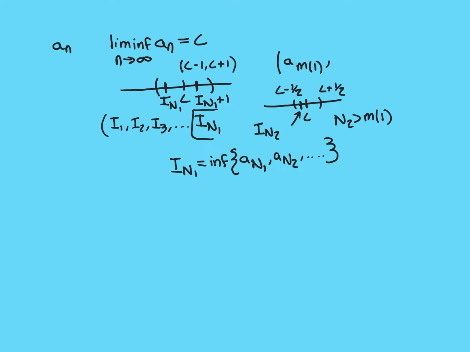I'm not just going to make sure it's inside this interval, but I'm also going to make sure that it is strictly greater than M1, the term that I've used as my first term in my subsequence. And again, that's to make sure that the thing I'm going to put in as the second term is strictly beyond this one in the original sequence, to make sure that what I'm constructing is actually a valid subsequence.